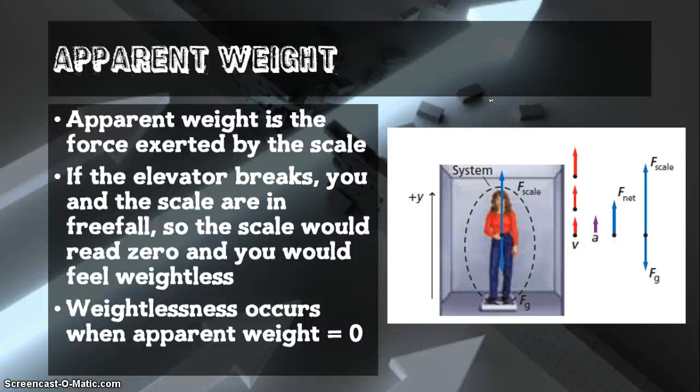The only force pulling down on you is gravity, not this force upward from the scale, and you're going to feel weightless. The scale is going to read 0. Anytime you're in free fall, you're going to feel like you have no weight. That's when weightlessness occurs, when your apparent weight, the weight you feel, is 0 newtons.